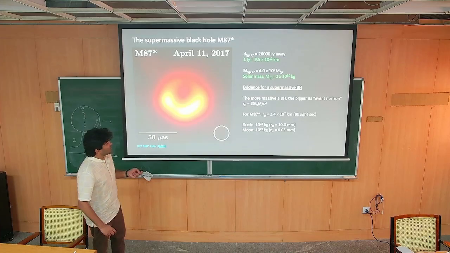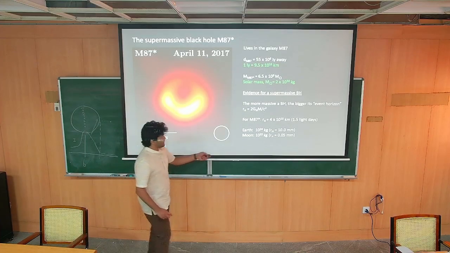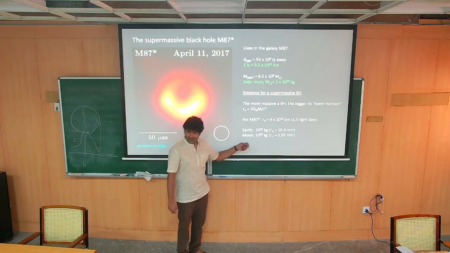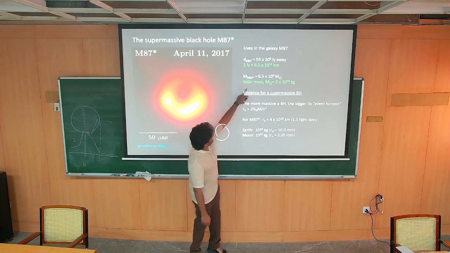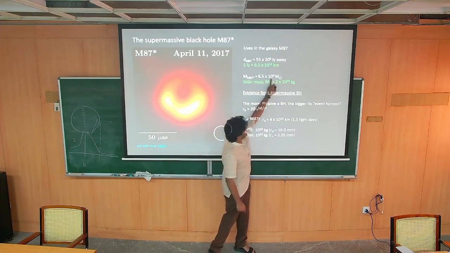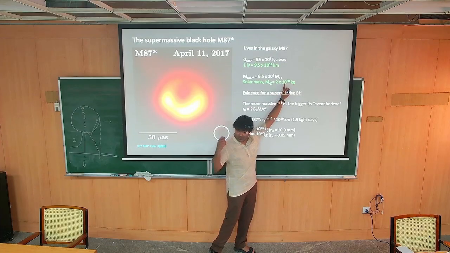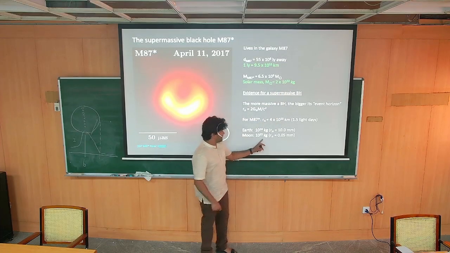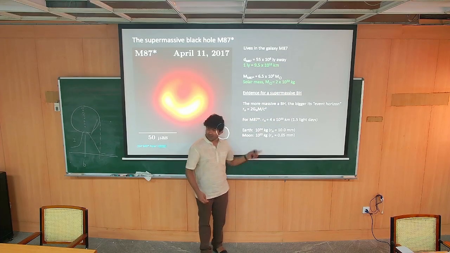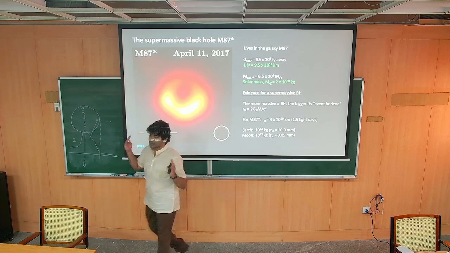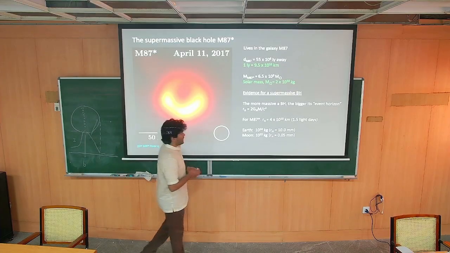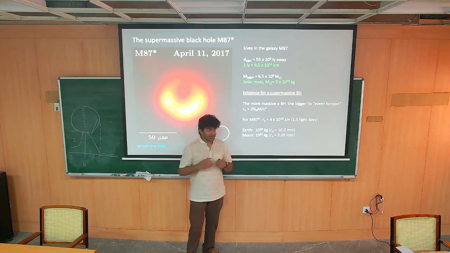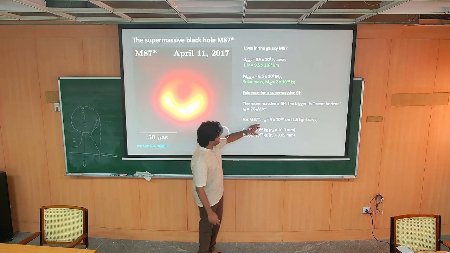Okay. So, just to give you a sense of comparison, these guys are extremely massive. Look at M87. This guy's mass is 10 to the 9 times 10 to the 30, so 10 to the 39 kgs. The Earth is 10 to the 24 kgs, so it's like 13 orders of magnitude larger. A billion, trillion Earths can fit together to form this black hole. Okay? Trillion times the mass of the Earth. Not just that, just look at its size.